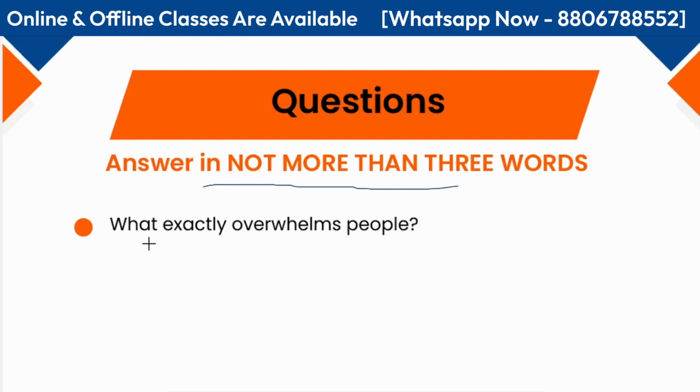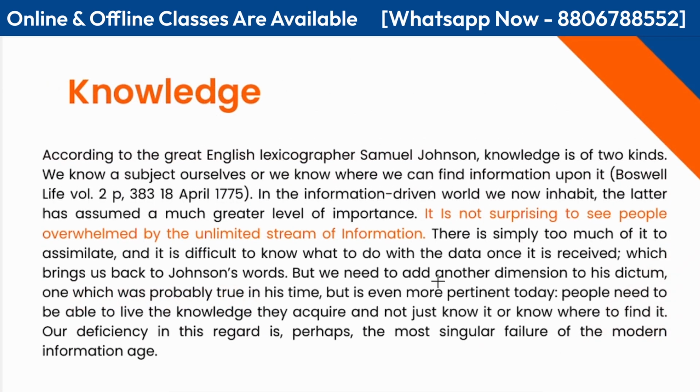The question is, in relation to the passage, what exactly overwhelms people? Now if you read the passage carefully, you will be able to understand that the fourth line of the passage states, it is not surprising to see people overwhelmed by the unlimited stream of information.